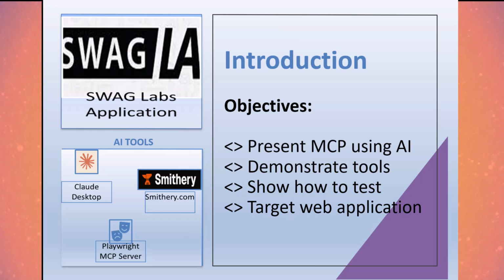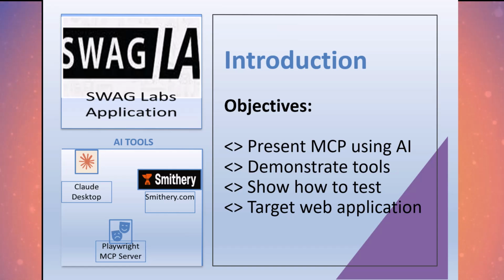The process will use the Claude desktop tool to convert AI prompts into MCP commands that will dialogue with a Playwright server. In turn, the Playwright server will receive the MCP commands and generate Playwright test script code and then schedule the test script for testing and dialoguing with the target application. In this case, we will use Swag Labs.